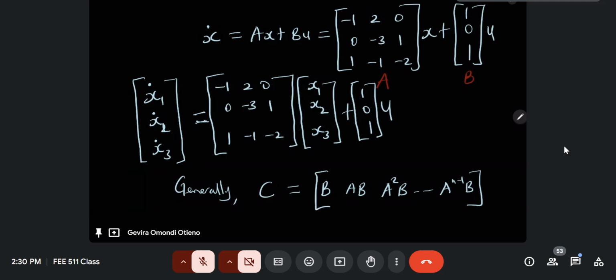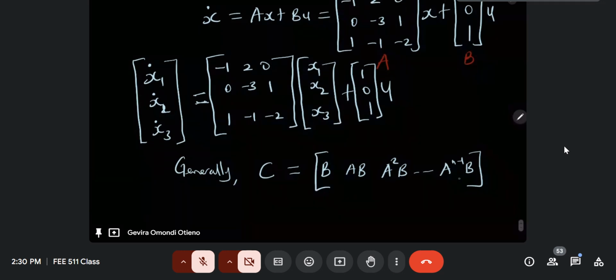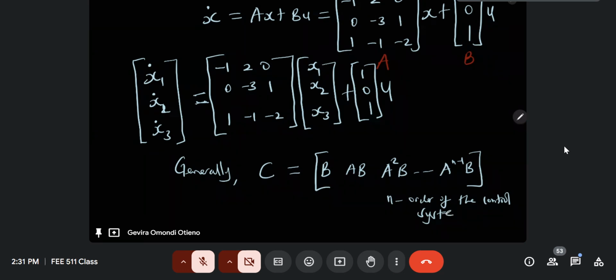But in our case, n here is the order of the control system, meaning it's the order of the differential equation that completely describes your control system.